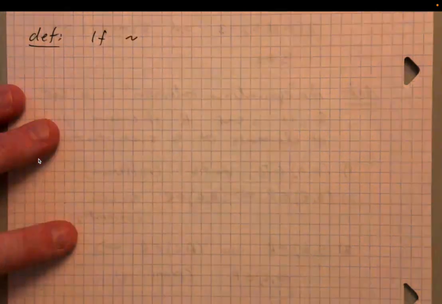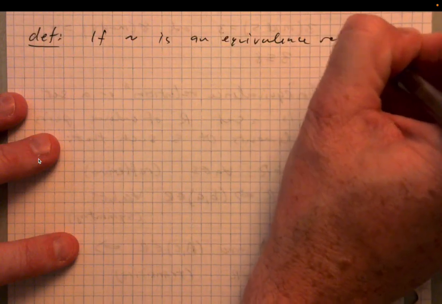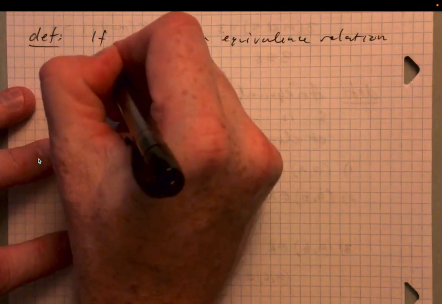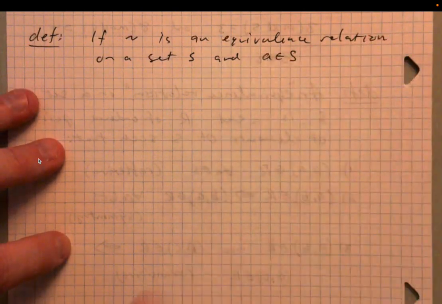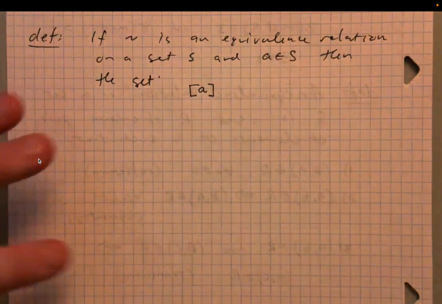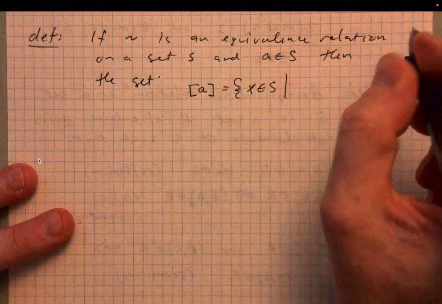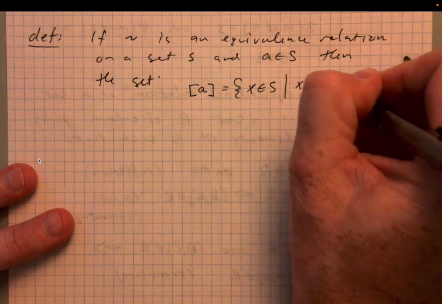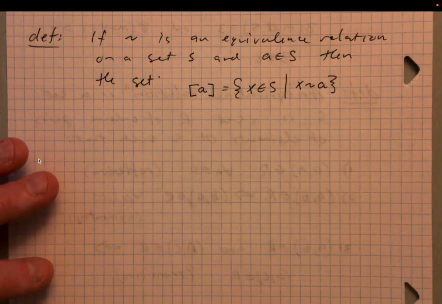So if tilde is an equivalence relation on a set S, and A is in S, then the set, denoted like this, A in brackets, is the set of all X in S such that X is equivalent to A. So all of the things from S that are equivalent to A, that's what this set is, and the set is called the equivalence class.